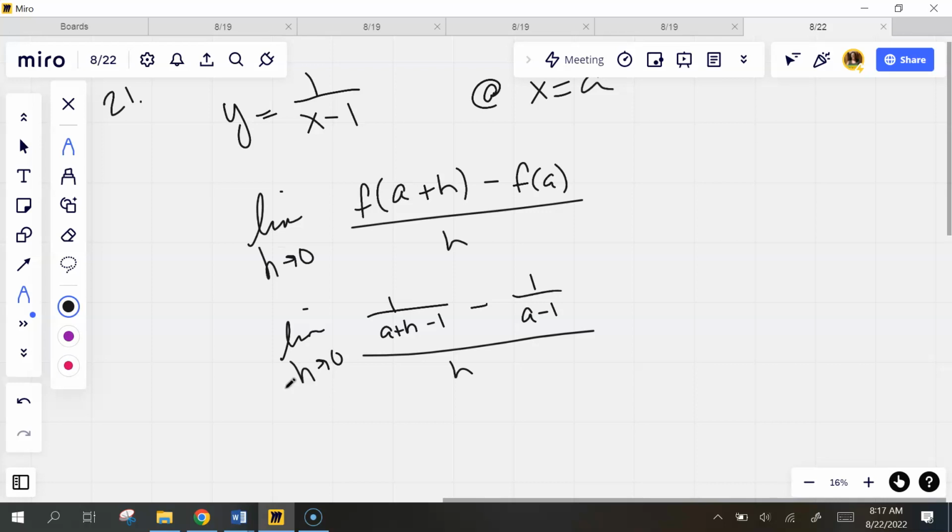Yeah, common denominator. What do I need to multiply? Understand this is all one chunk here, right? I can't factor it or anything. If I could factor it, that would be nice and I wouldn't have so much. But this one's going to need an a minus 1. This one's going to need an a plus h minus 1.